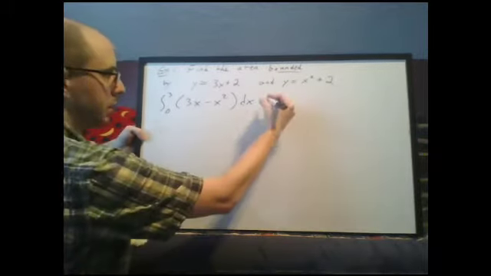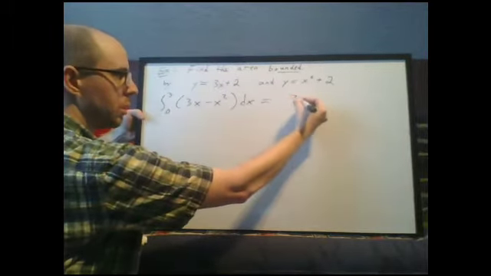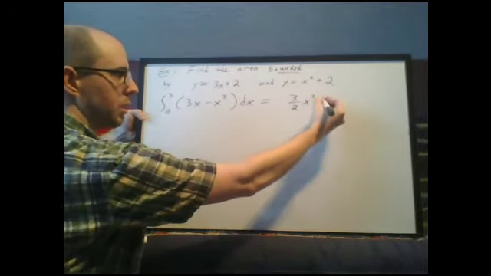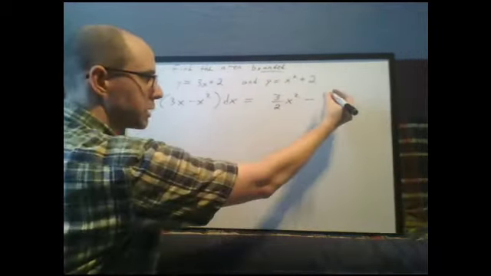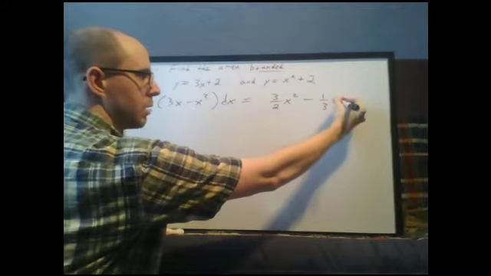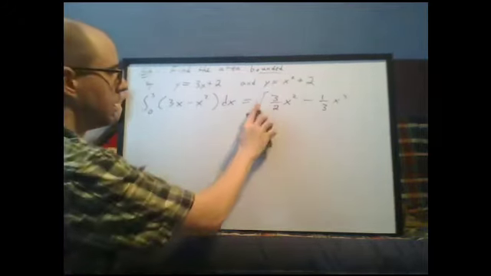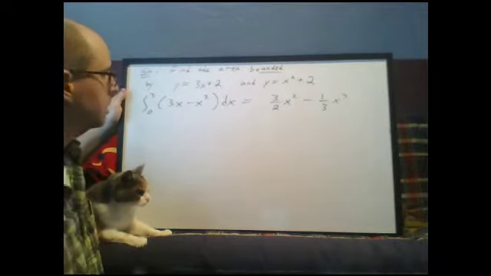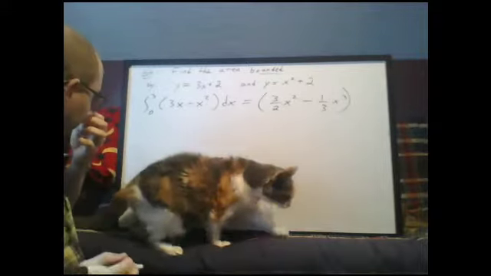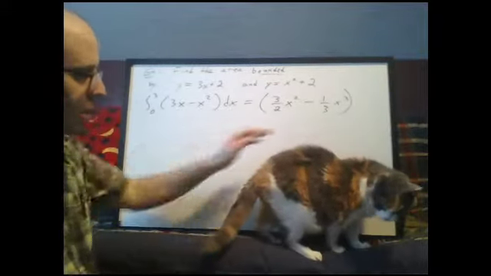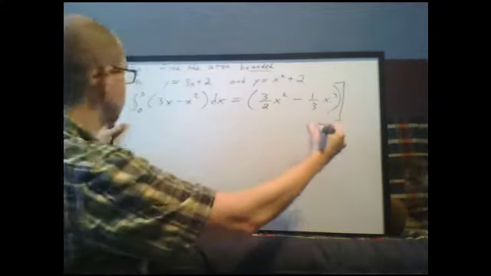Alright, so the antiderivative of 3x would be 3 over 2 x squared minus the antiderivative of x squared, which is 1/3 x cubed. I should use round parentheses there to avoid confusing it with the evaluation symbol. From 0 to 3.